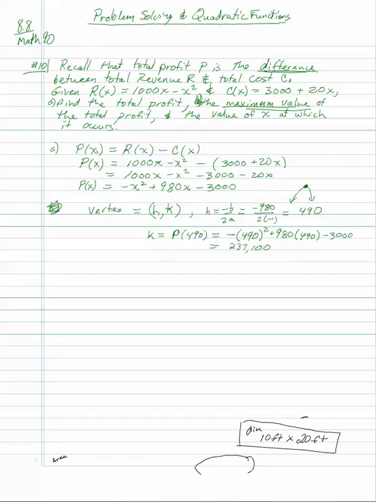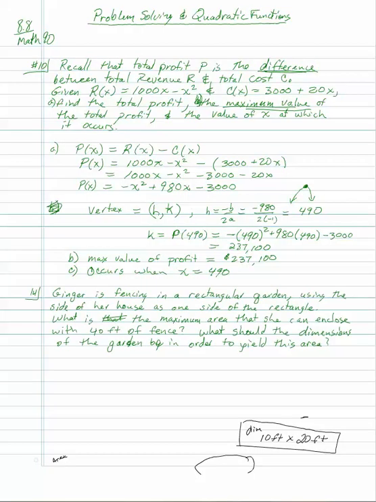Now remember, the max value is of profit, so the maximum profit is going to be this number, k, 237,100, and it occurs when x equals 490 units. Again, the max value is the y value, and it occurs when you get the x value of the vertex.